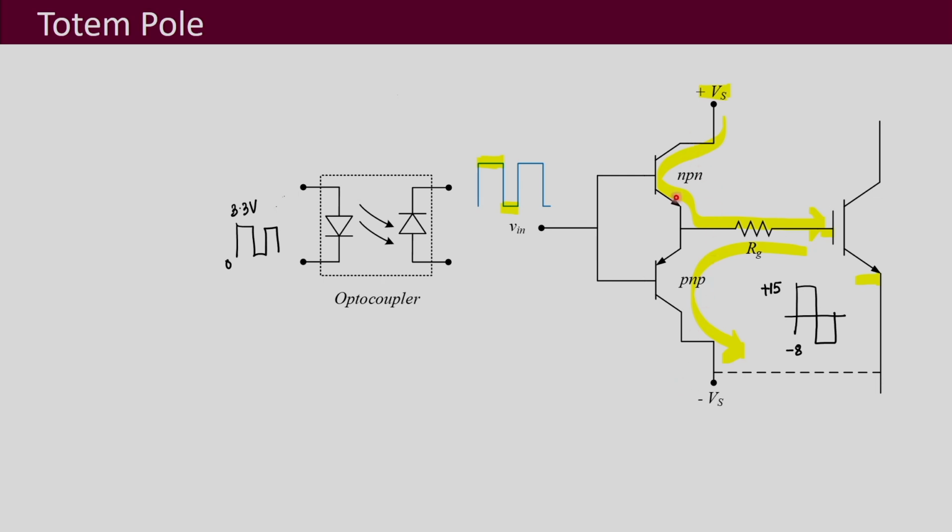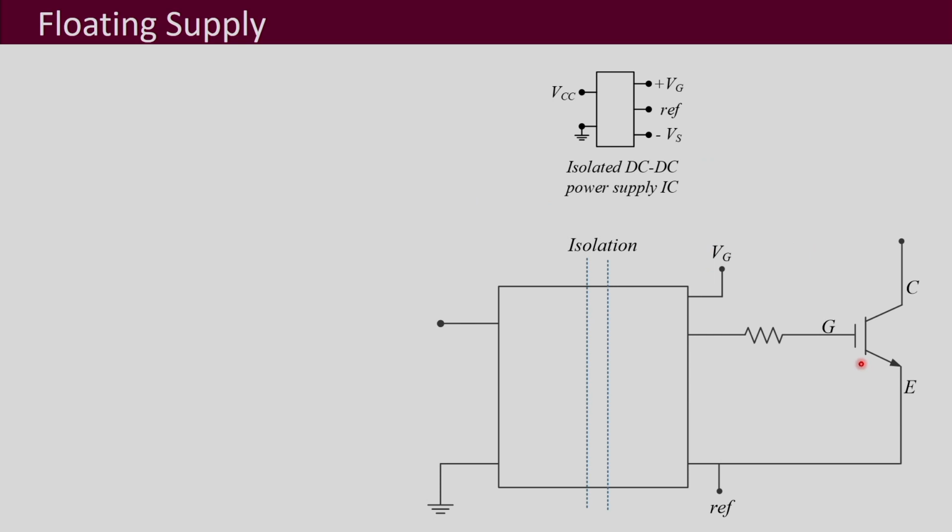So over here what we see is that the voltage that we provide has to be with respect to this emitter, or the source in case of a MOSFET. So we need a floating supply, and we have to have an arrangement to be able to obtain a floating supply. That is again shown here.